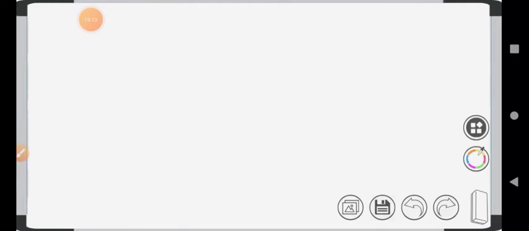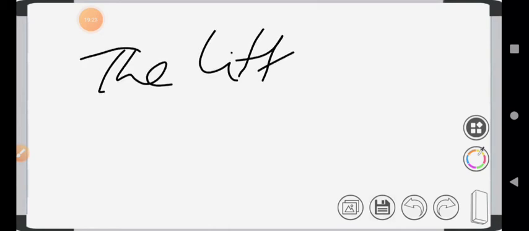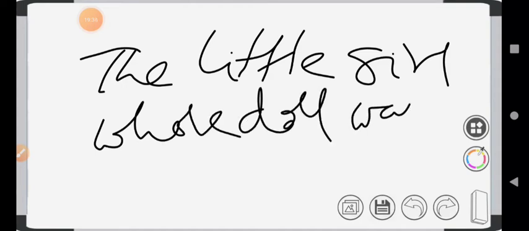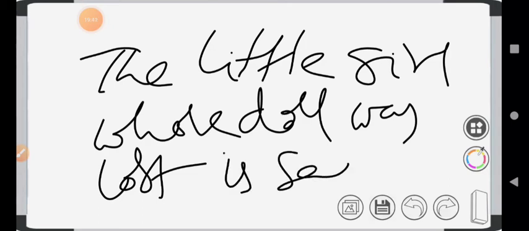For example, we construct a sentence with whose. The little girl whose doll was lost is sad.